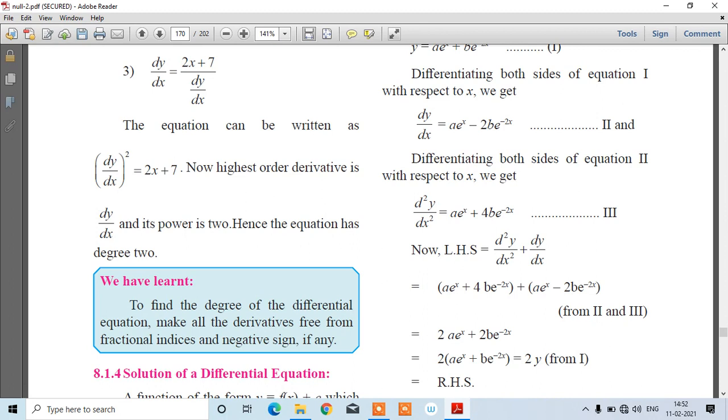Degree means the power of the highest order derivative, where we have to make all the derivatives free from fractional indices and negative sign. Okay. So today we have completed the definition of a differential equation and how to determine the order and degree of an ordinary differential equation. Okay. Thank you.